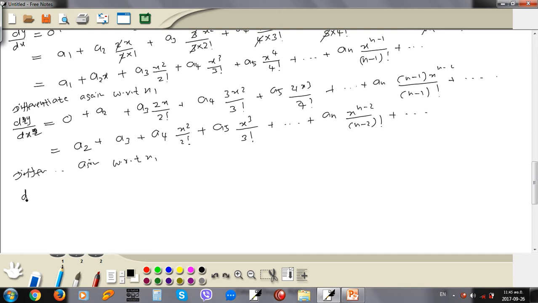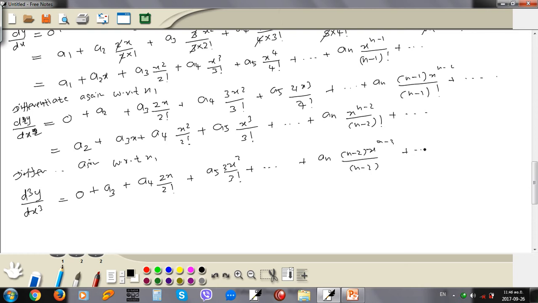Then a2 gives 0, plus a3, with 2 and 2 cancelling, x is remaining, then a3 plus a4 times 2x divided by factorial 2 plus a5 times 3x squared divided by factorial 3, up to an times n minus 2 x to the power n minus 3 over n minus 2 factorial, right?